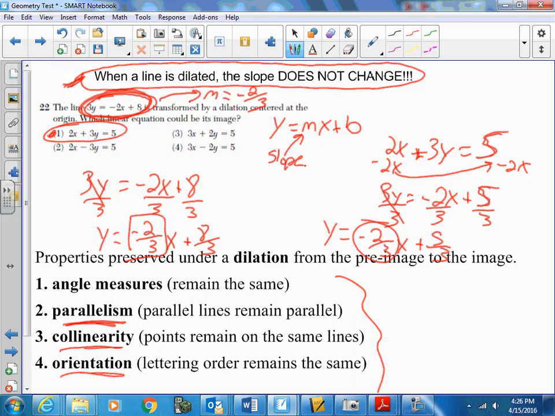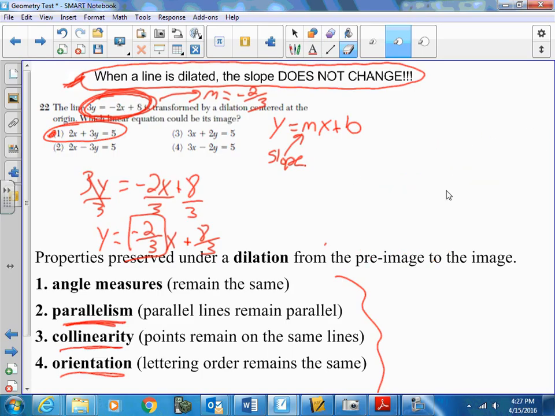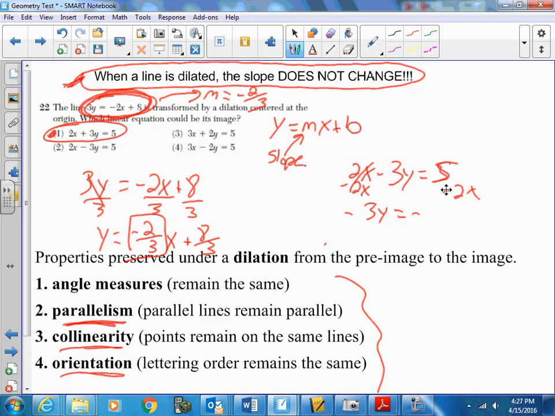But let's look at number 2 and just check to see what the slope is there. It's good for a little practice. So I want you to write this down. Now I'm looking at number 2 just to check. We have 2x minus 3y is equal to 5. Again, I want to put this in y equals mx plus b form. So I'm going to subtract 2x again. We end up with negative 3y is equal to negative 2x plus 5.